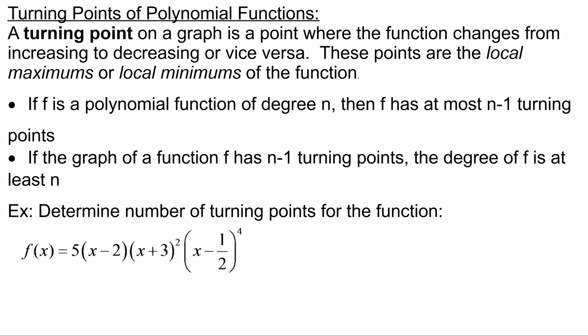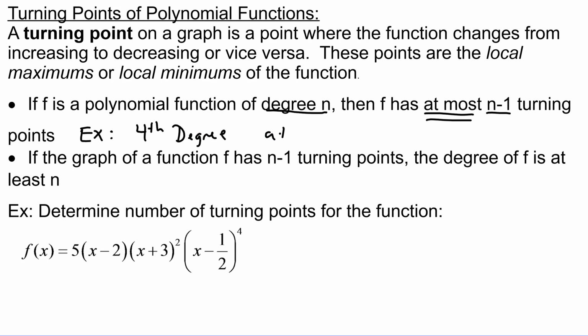Turning points: there is a way to know how many of those turning points, those local maximums and minimums, there are on our graph. We can determine that by looking at the degree, the highest power that our x obtains in our polynomial. So if your polynomial function has some degree, which we call n, then it would have at most n minus 1 turning points. Just as an example, say I had a 4th degree polynomial, the highest power of x was 4.